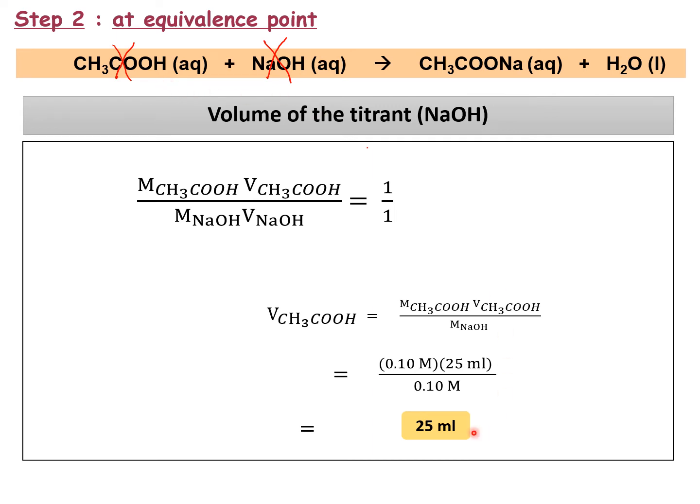So, of course, I will get the same one. But if the concentration of acid and base used is different, so automatically, volume of titrant takkan sama dengan volume of analyte yang kita masukkan dekat dalam conical flask.